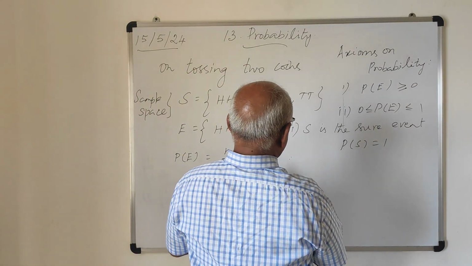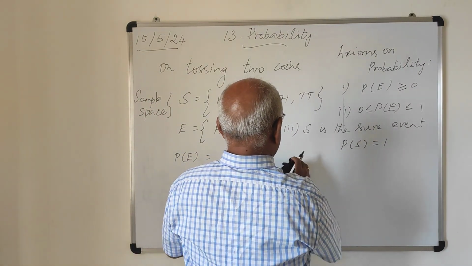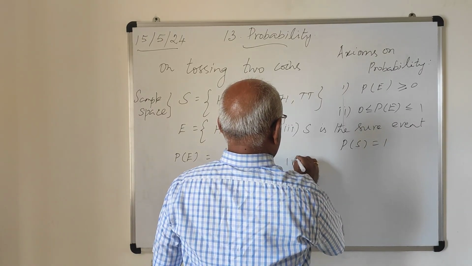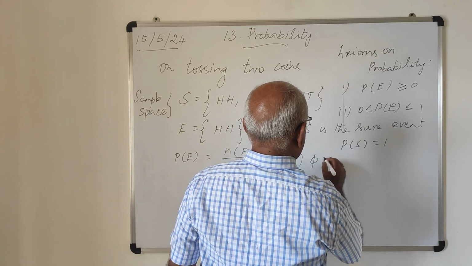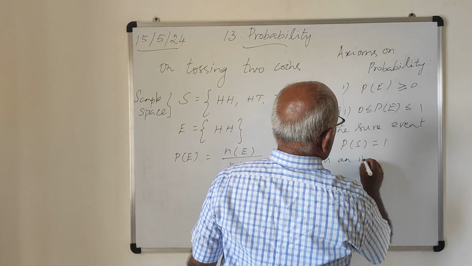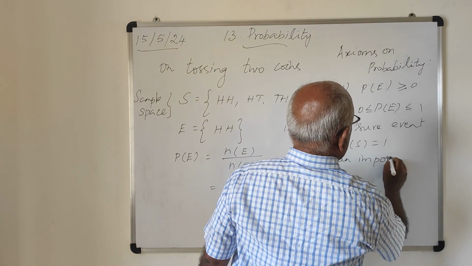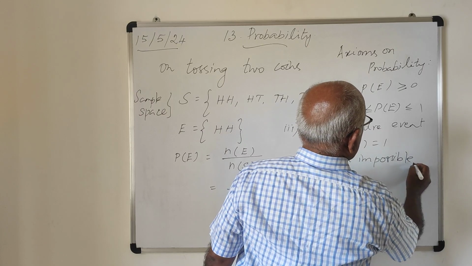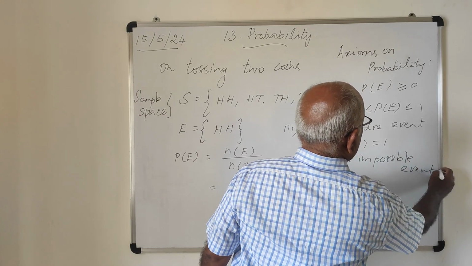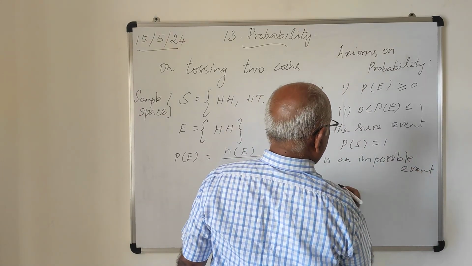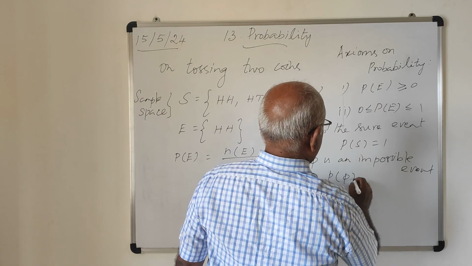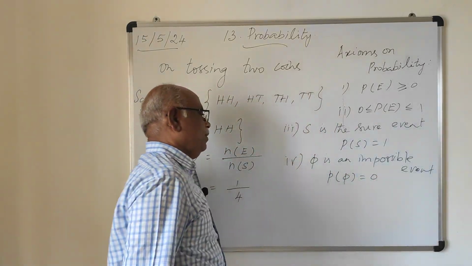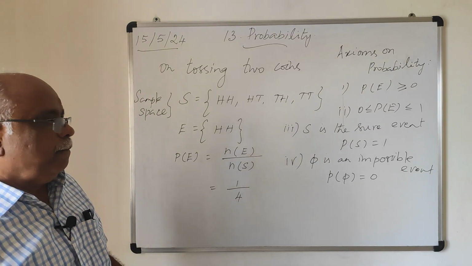And for an impossible event, which is not in the sample space, phi is an impossible event. The probability of an impossible event, P of phi, is 0.